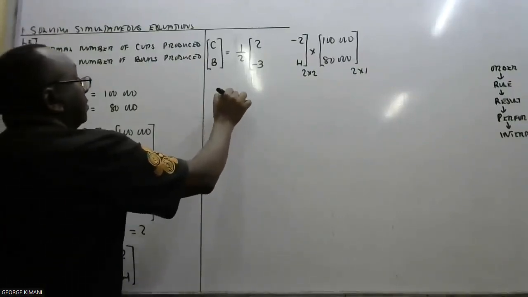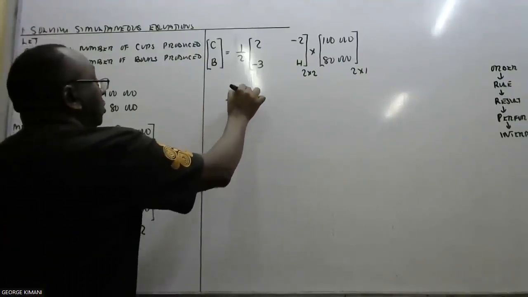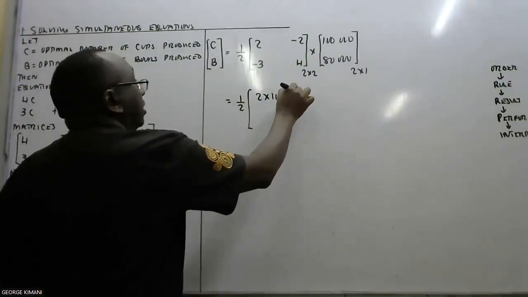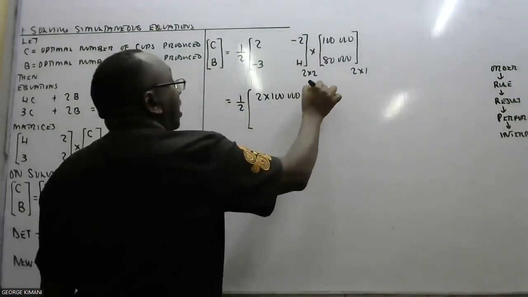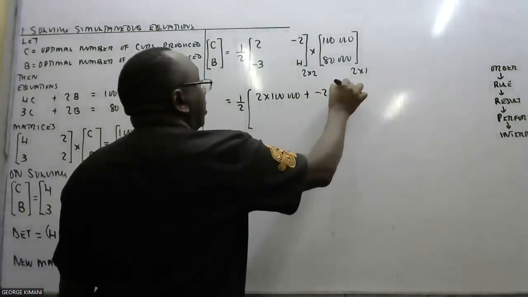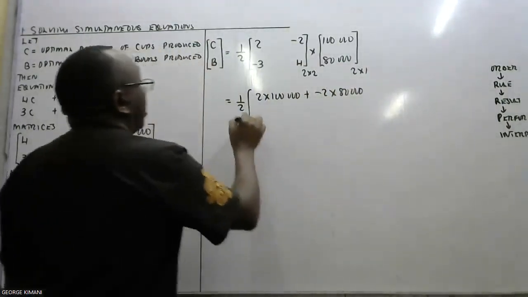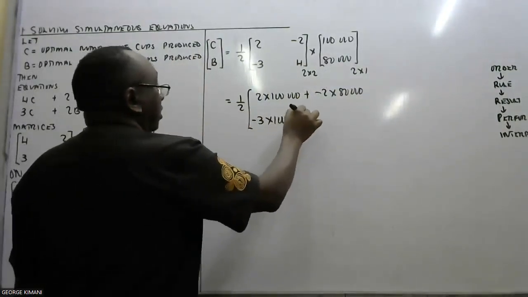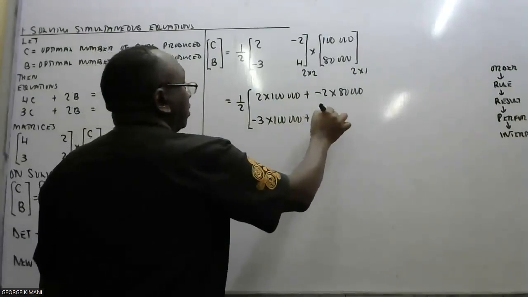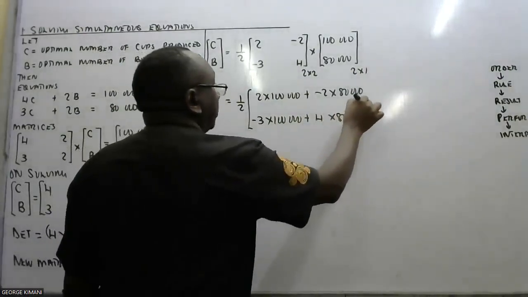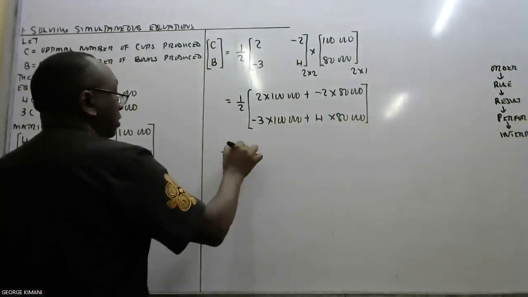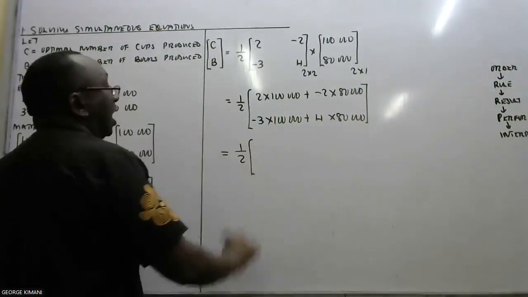So this becomes 1 out of 2, 2 times 100,000 plus minus 2 times 80,000, minus 3 times 100,000 plus 4 times 80,000. So this proceeds to become a half.